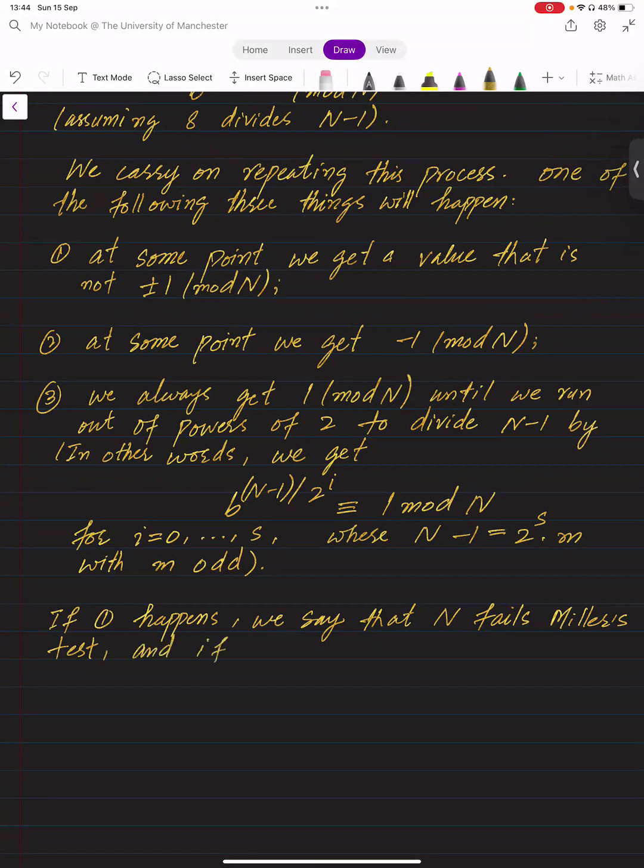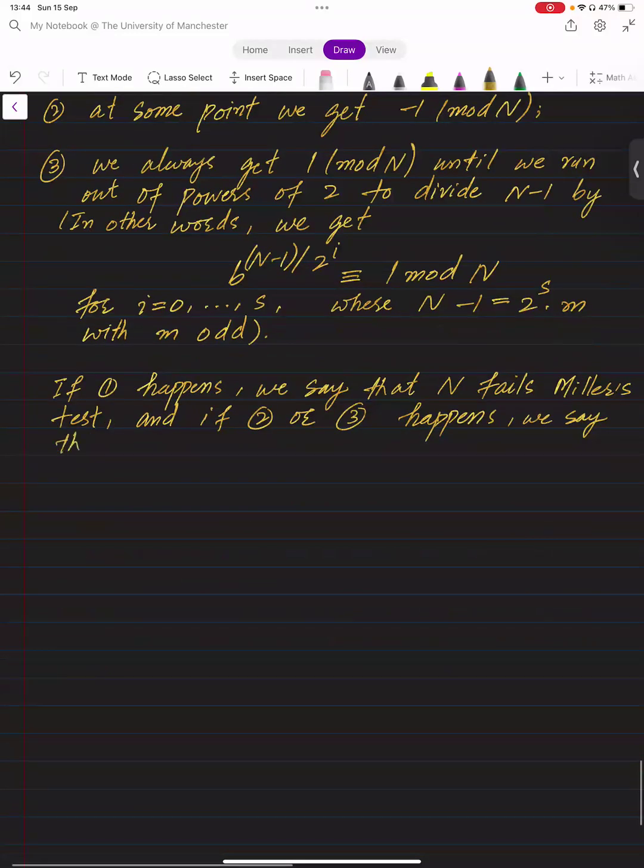And if 2 or 3 happens, we say that n passes Miller's test. Okay, perfect.